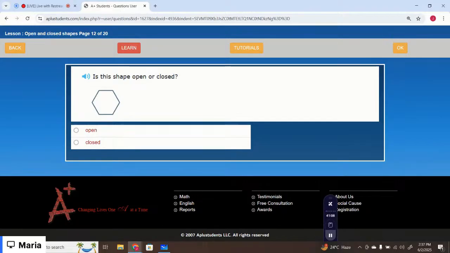Is this shape open or closed? Closed it is. Option two is the correct option.